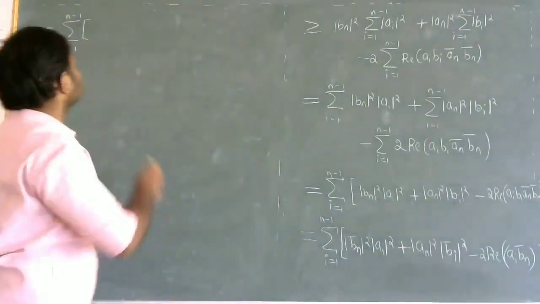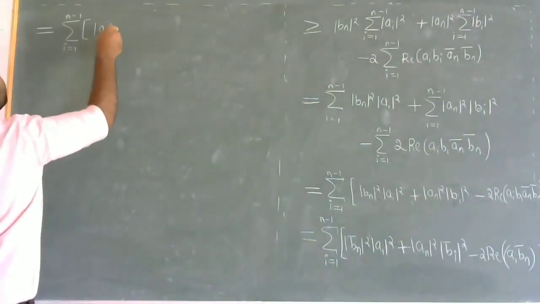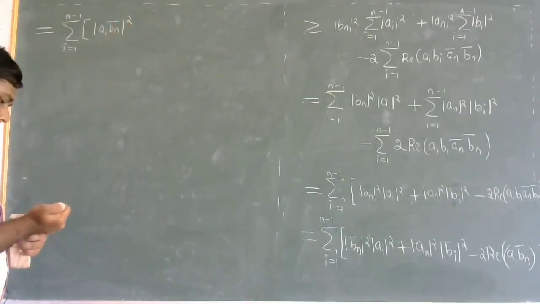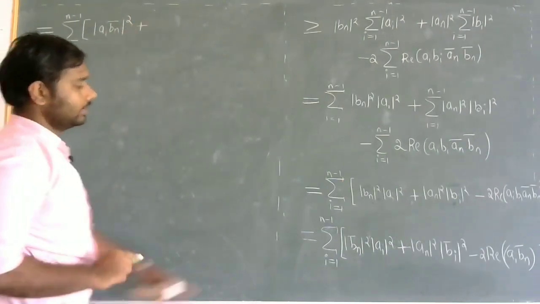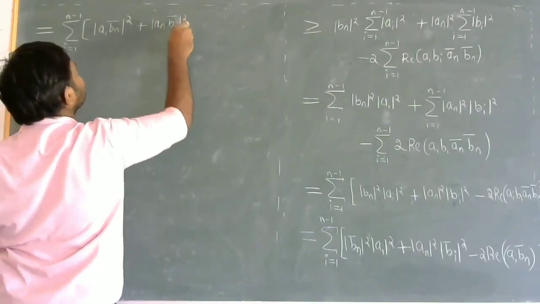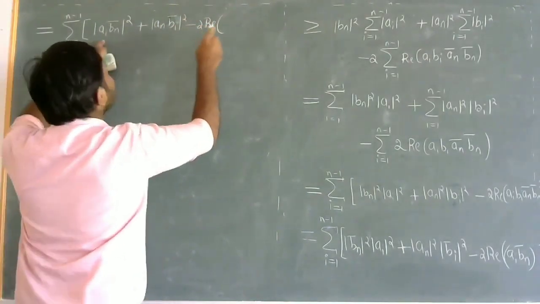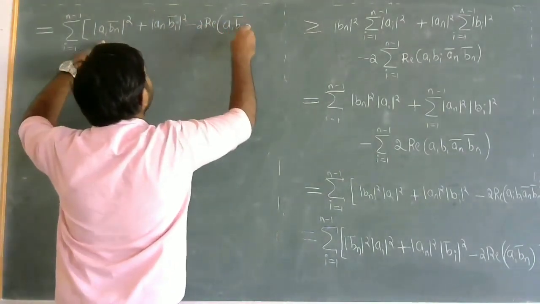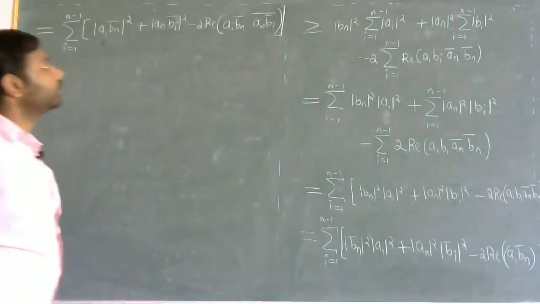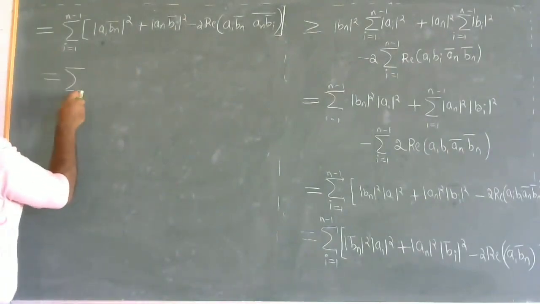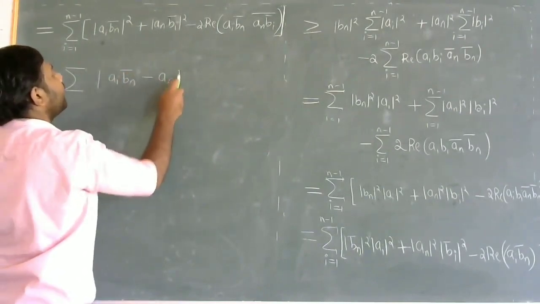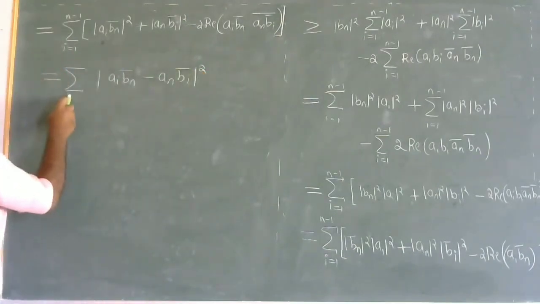So I can combine this as modulus of ai bn bar whole square plus modulus of an bi bar whole square minus 2 into real part of ai bn bar into an bi bar whole bar, and it is nothing but modulus of ai bn bar minus an bi bar whole square.